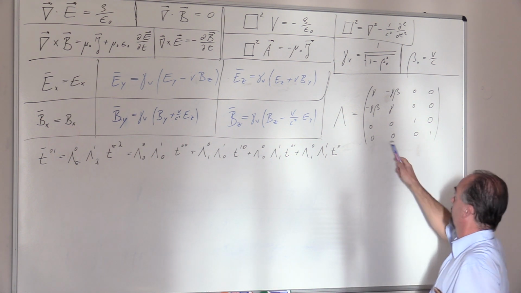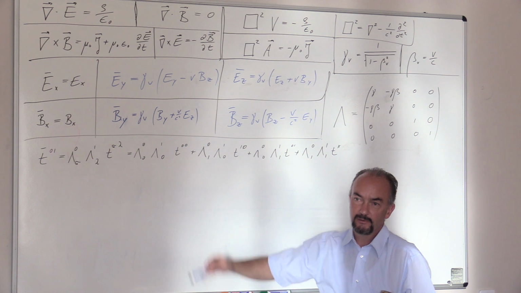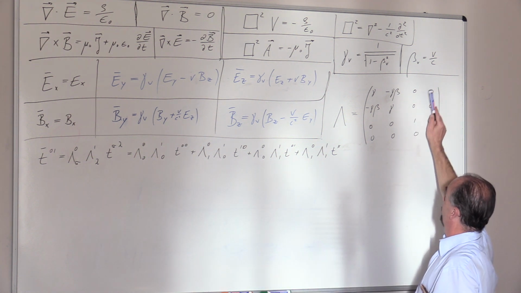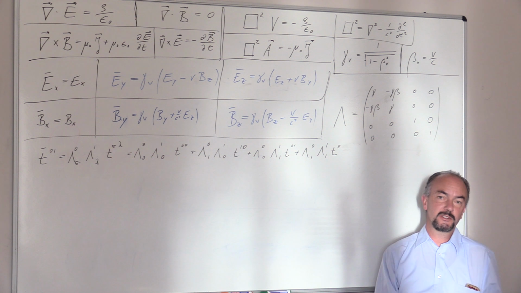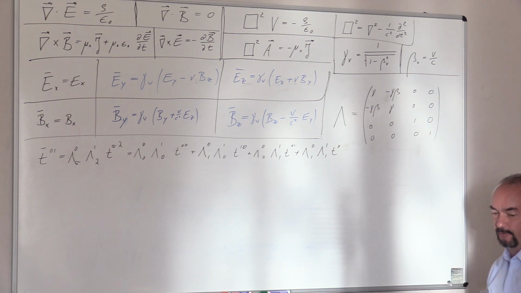That's everything where the lambdas are not 0. The Λ^0_2 and 3, or Λ^1_2 and 3 are all 0. So that's all combinations that go in.